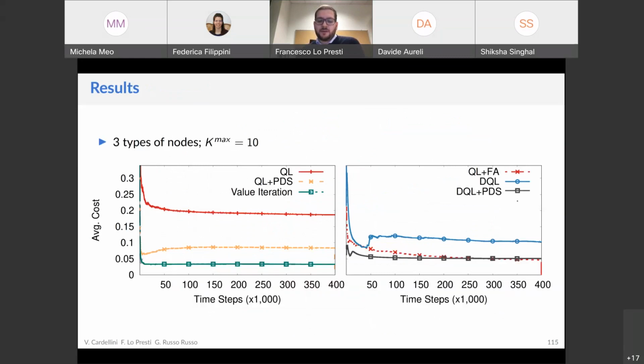All the algorithms on the right-hand side perform much better than traditional plain Q-learning, but we can note that especially algorithms where we use the post-decision state perform very well. They are very close to the optimal average cost of value iteration. And it is worth noting that the PDS can be either used explicitly in the algorithm, like we do in deep Q-learning with post-decision state, or indirectly used in the feature construction, as we did for Q-learning with linear function approximation.